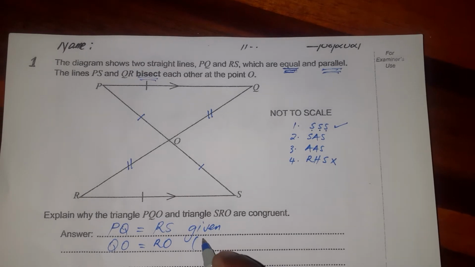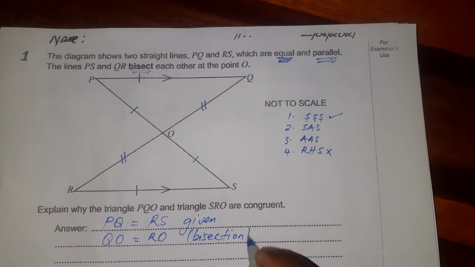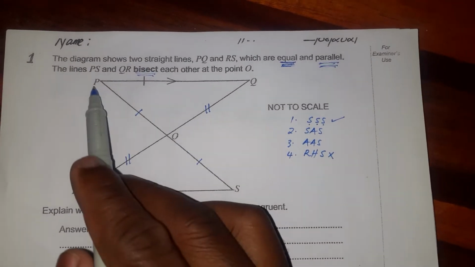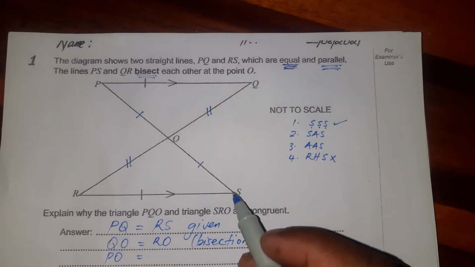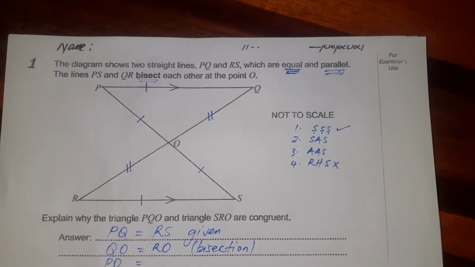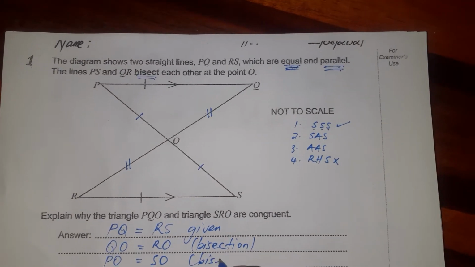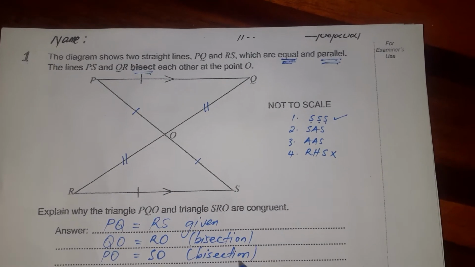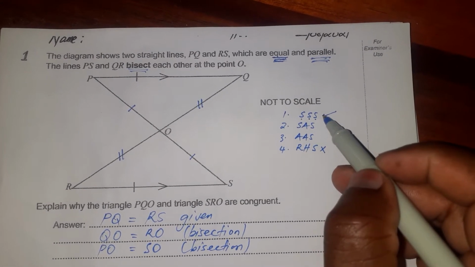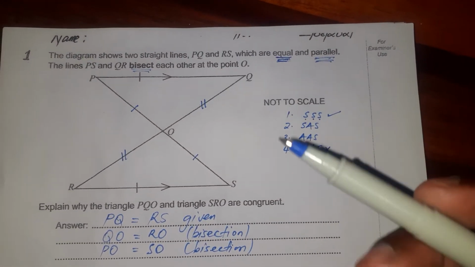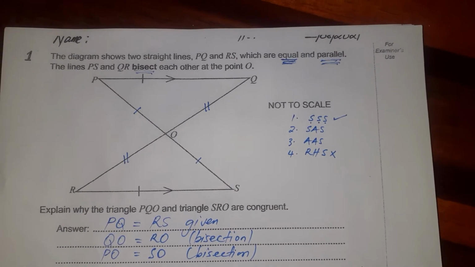We can also give a reason, bisection. And PO is equal to OS, still the same thing, still the same reason, bisection. Then what we used here is the first criteria, side, side, side criteria. All the three corresponding sides are equal.